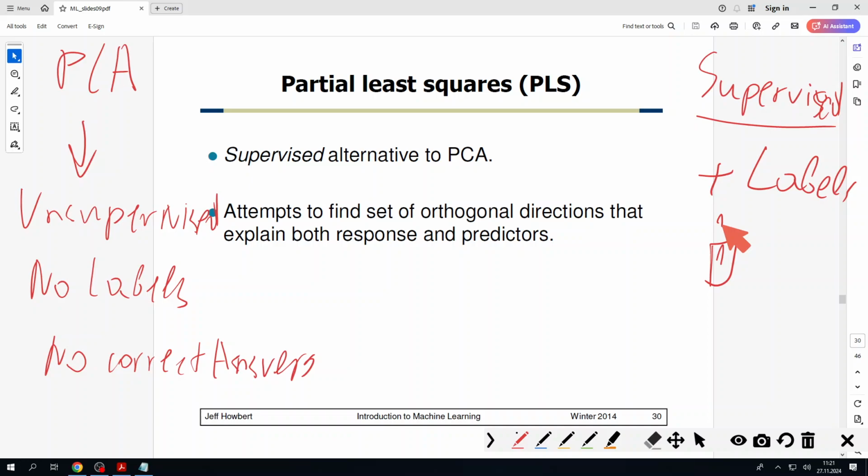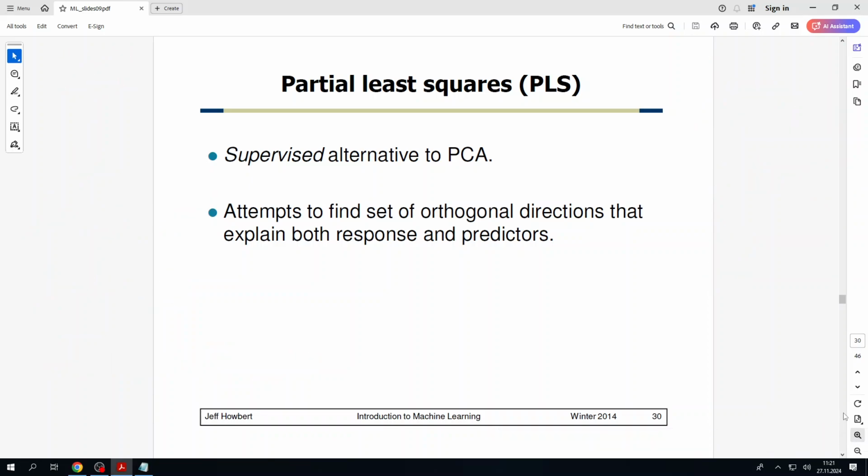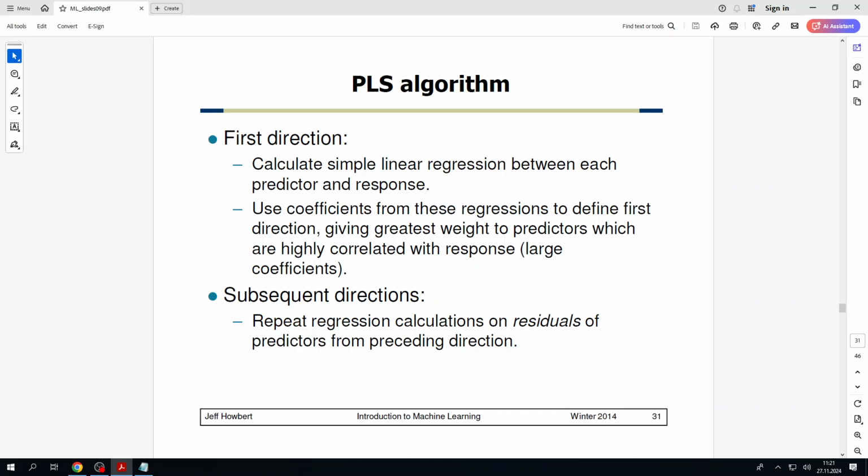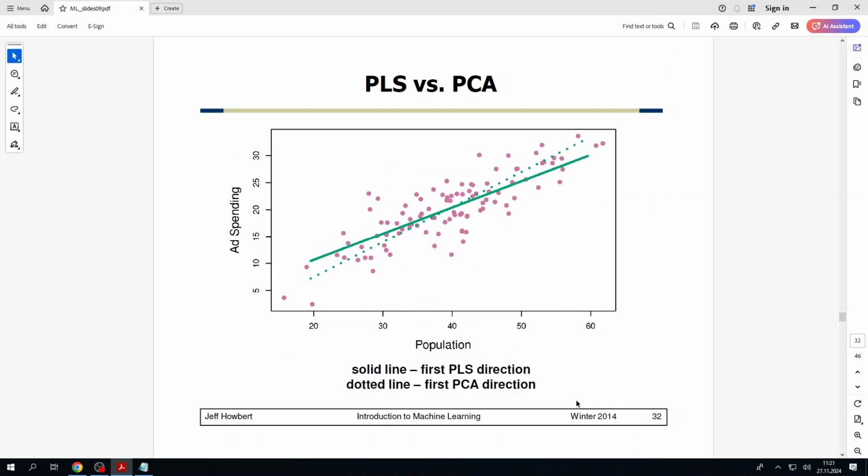Then you can use, instead of PCA, another approach called partial least squares, which is very similar, but it actually works differently. So what happens here is that now, instead of having to run some complicated mathematical formula for finding this perfect line with the highest variance, we are going to use the algorithm we already know, called linear regression.